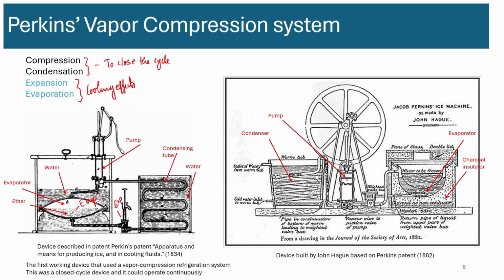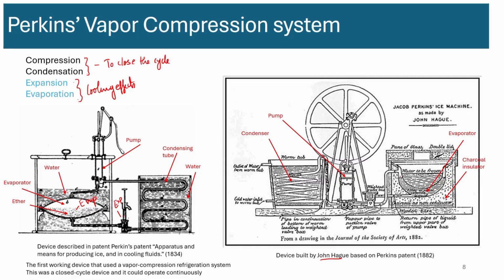And you can see one additional detail that is not there on the patent drawing here is that Evans' design, John Hague's design, has an insulator here around the evaporator. So that means the evaporator is more effective for cooling the water because the ambient temperature will not cause the evaporator temperature to rise.